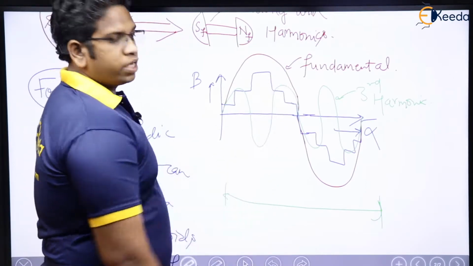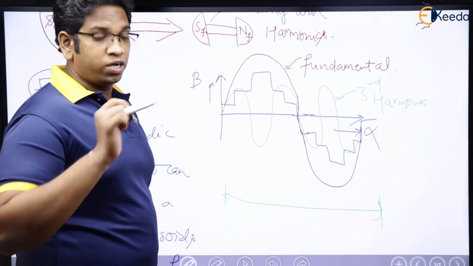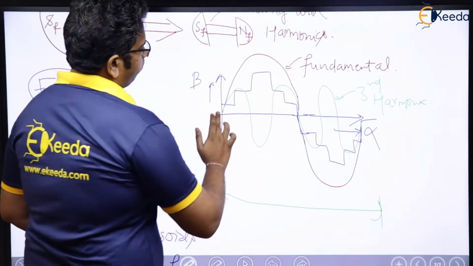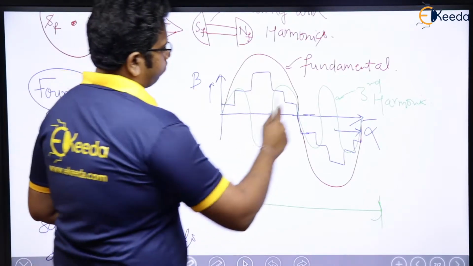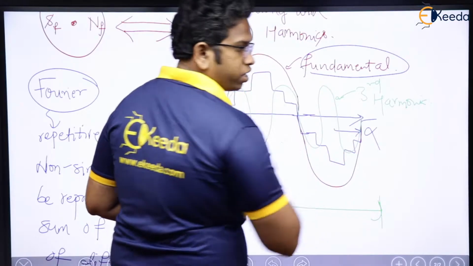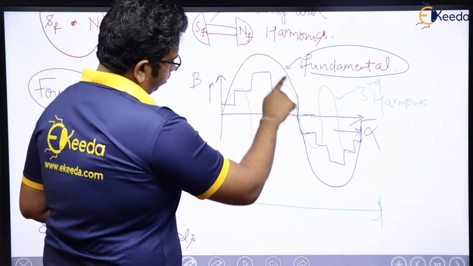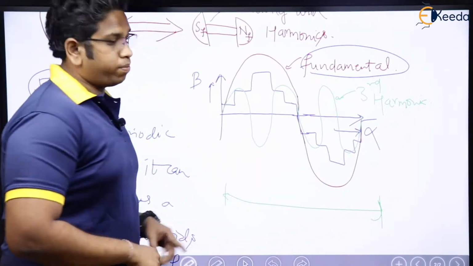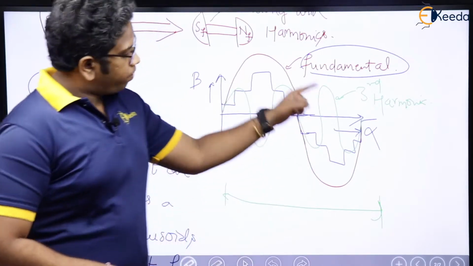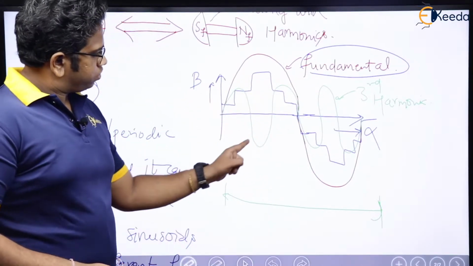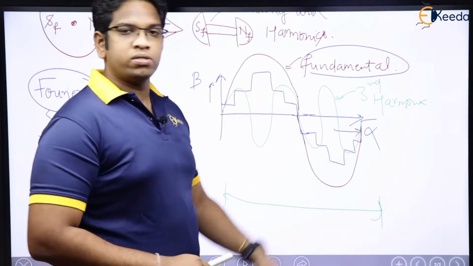What about green, if you think of? Green is going to be third harmonic. Why? Because when my fundamental, red, completes one cycle, my third harmonic completes 1, 2, 3 cycles.